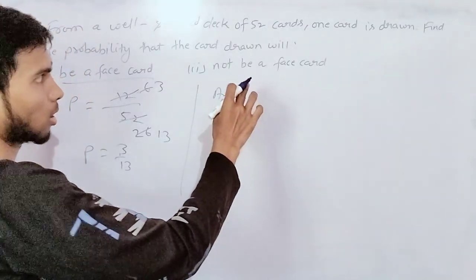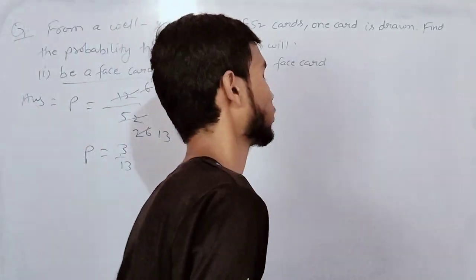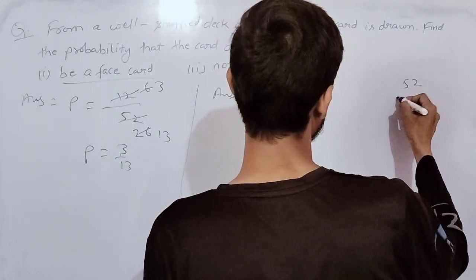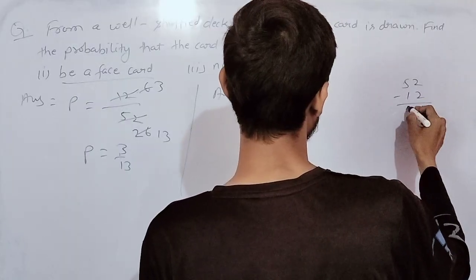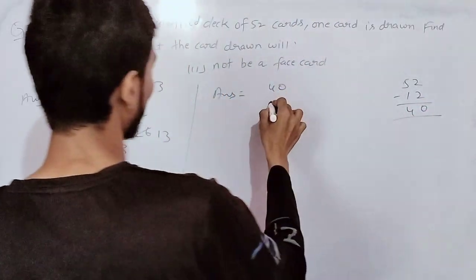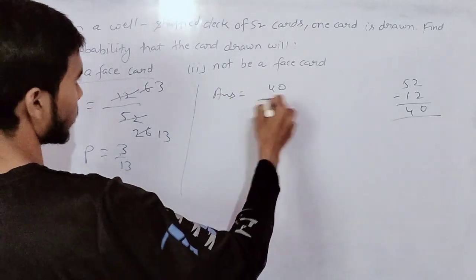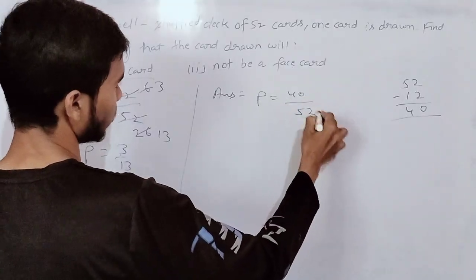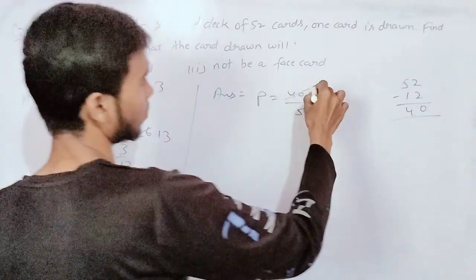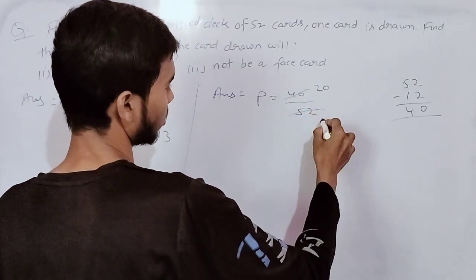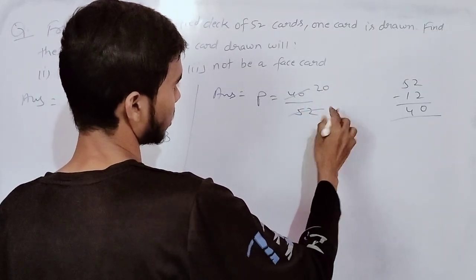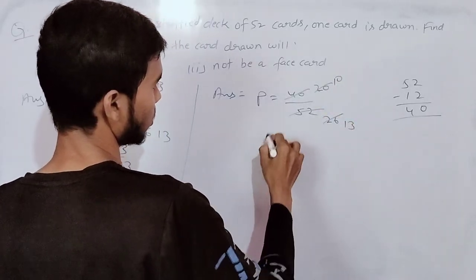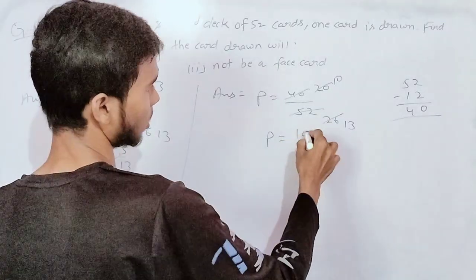Now in this case, what will happen? Except face cards in 52 cards, what will we get? So 52 minus 12 is 40. So 40 are without face cards. So the probability would be 40 upon 52. Finally we got P as 10 upon 13.